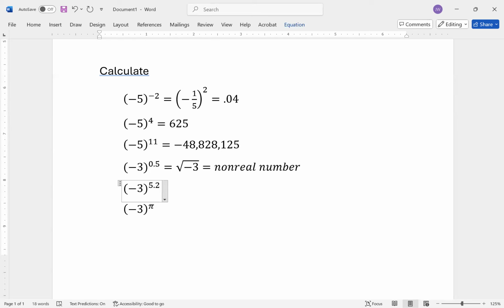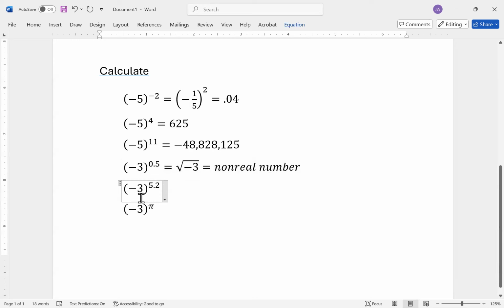The same thing is true if I have an exponent of different values. So if I took 3.5 instead of just 0.5, you would get a non-real number. Now, this doesn't mean that every single rational number exponent can't be calculated.